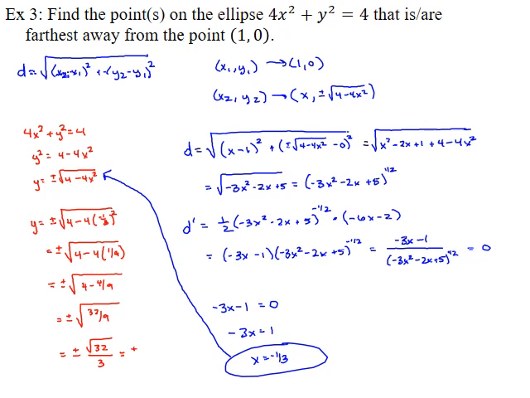And then you can break down the square root of 32 into 4 square roots of 2 over 3.